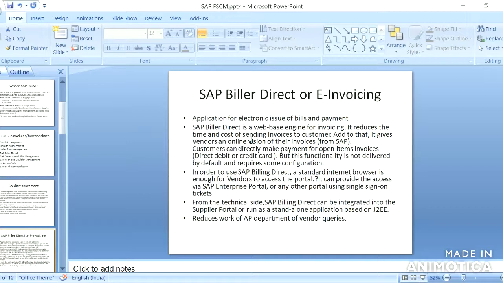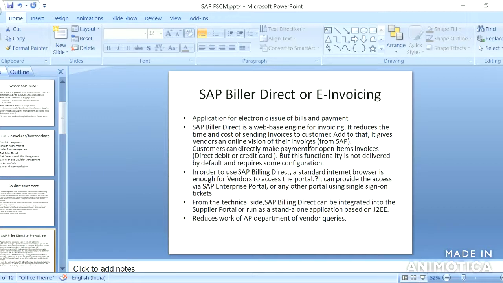Nowadays most things are happening electronically, so they provide the invoice through email, which helps in reducing costs. It also gives vendors an online view of their invoices.